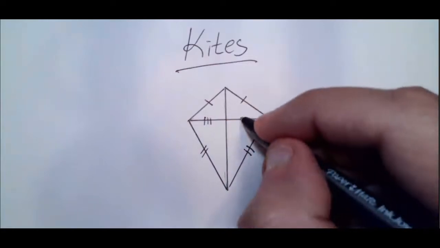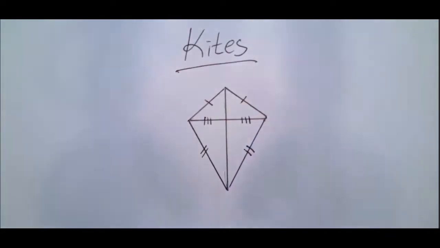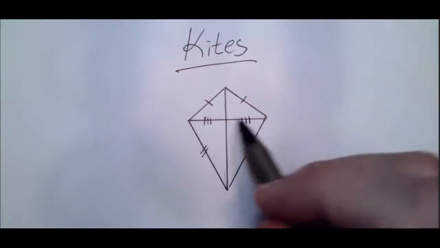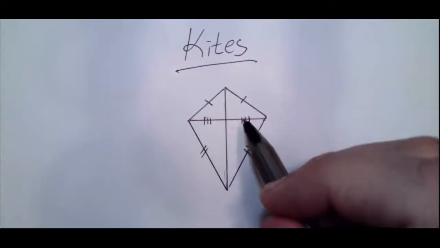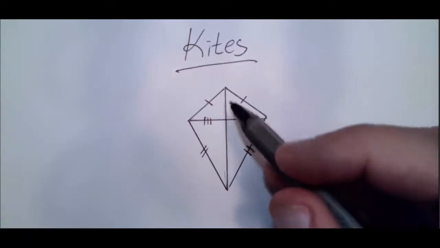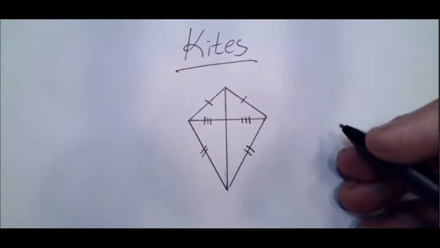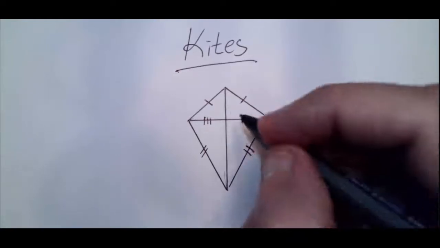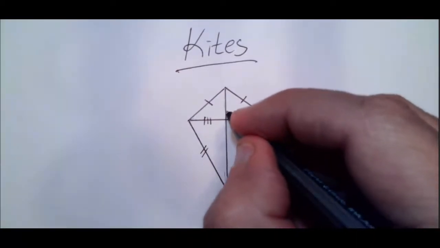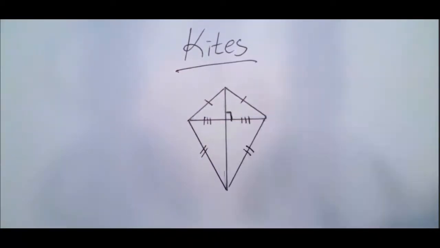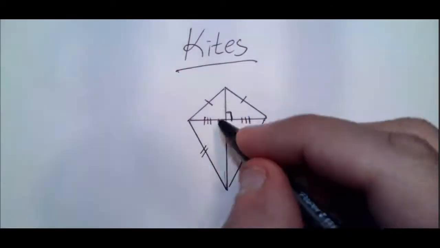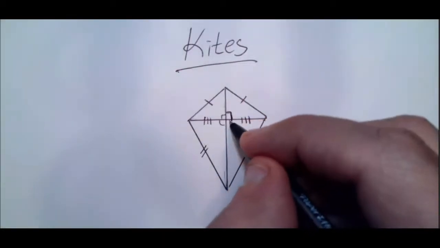So everybody put 3 and 3. So you'll have one set that is congruent, but the other two will not be congruent. Now, the two segments that do cross each other will form 4 right angles.